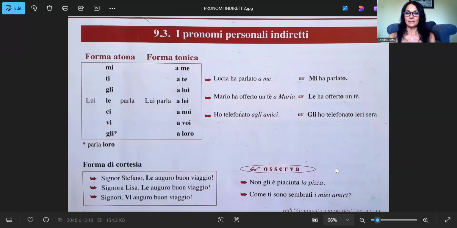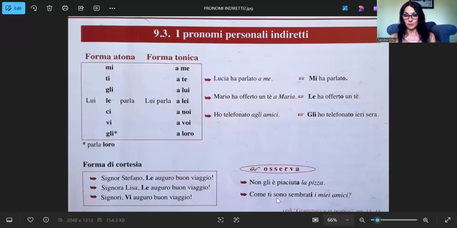But this you'll see specifically, I do have more than one video about the verb piacere, so do watch that as well. And then instead, there is the verb sembrare, which is to seem, which does work exactly like in English.